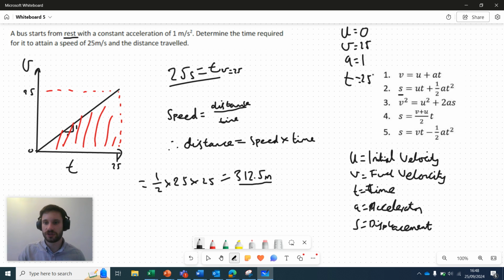So you could use these values for equation 1, equation 2, equation 3, equation 4, and equation 5, and see what you get for a value of s, and you should always find that your value for s is 312.5, okay?